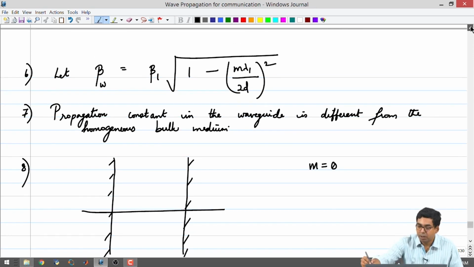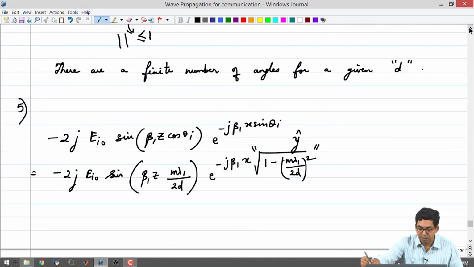So, you can go back to the expression for the total fields that we have written. M equal to 0 would mean that the sine is equal to 0, and consequently you have no electric fields being present at all. M equal to 0 is thus not a very viable option. There are no electric fields present inside the two conductors at all.